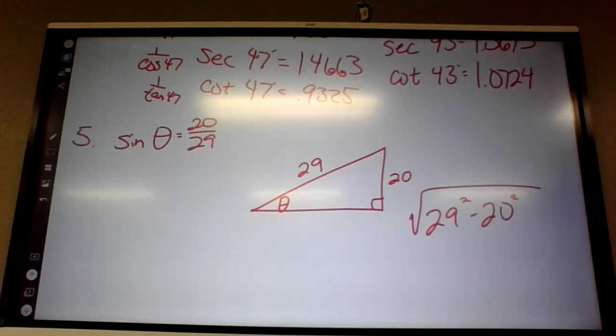29 squared. 580 minus 180. She did it in her head too. Anya's a genius. 580 plus 180 plus 81. 180 plus 81 is 261 plus 580. 861.